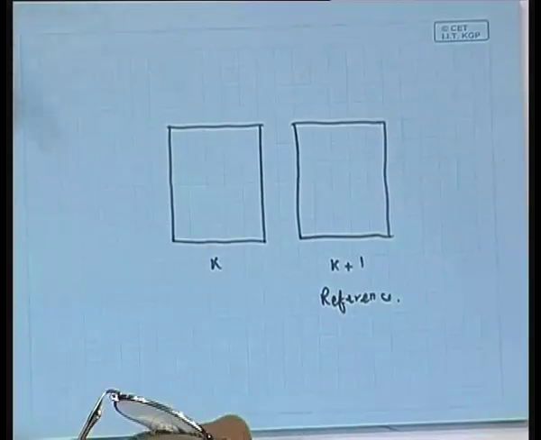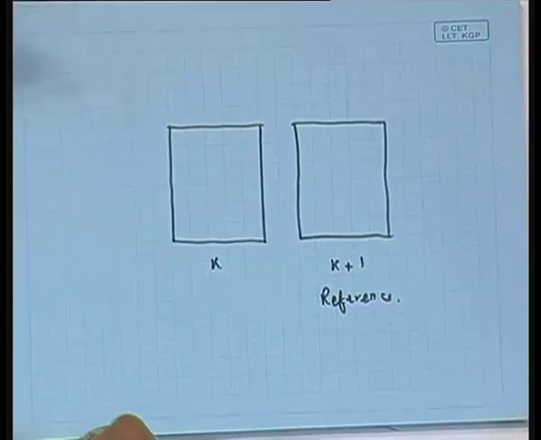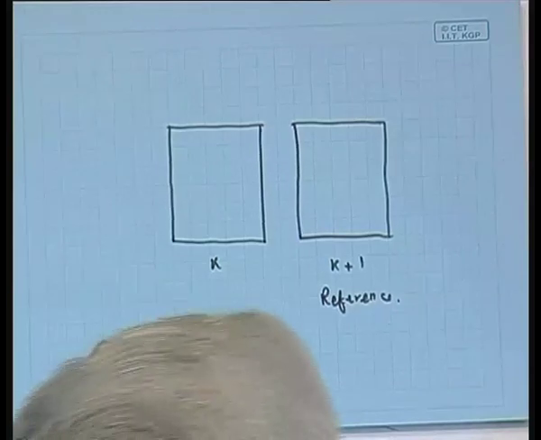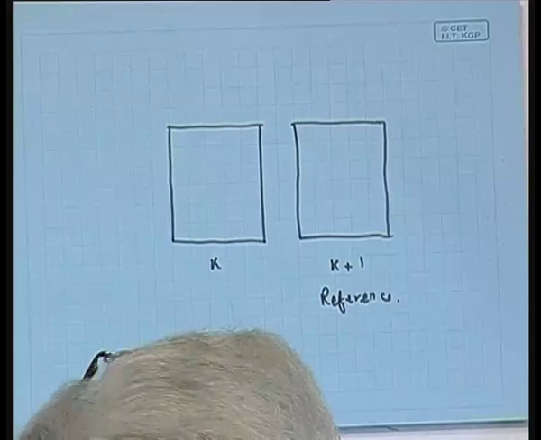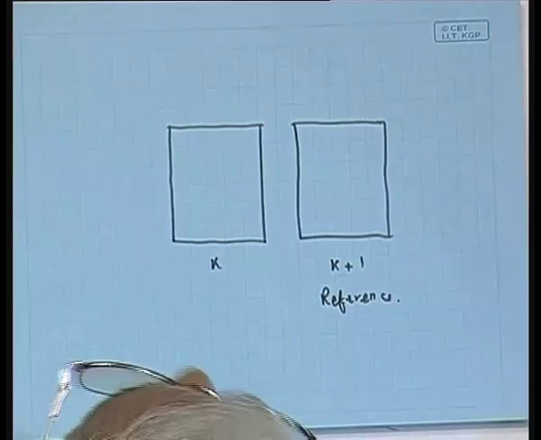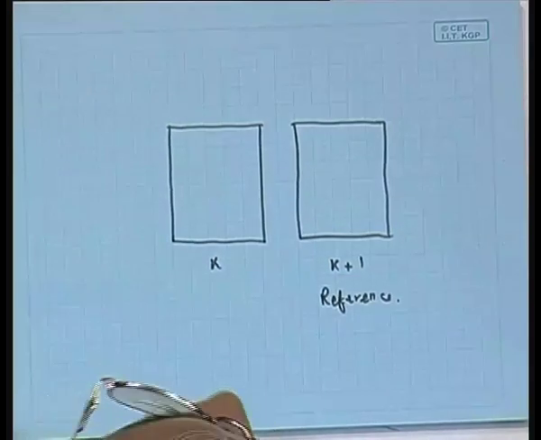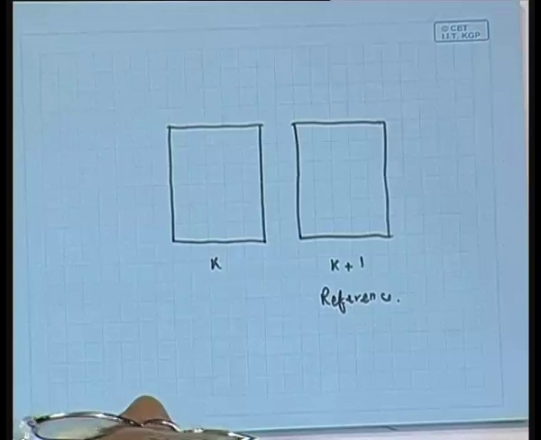As far as the encoding is concerned, it is the current frame to be encoded. Maybe with respect to the camera it is delayed, but the encoder treats frame k as the current frame and k plus 1 as a reference frame, which is a future reference frame that is also stored in the memory. Now we are again going to predict the motion.